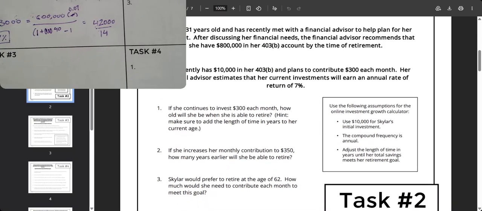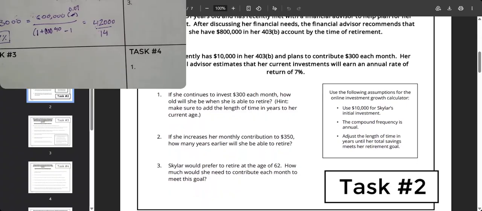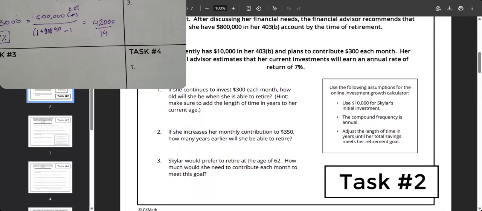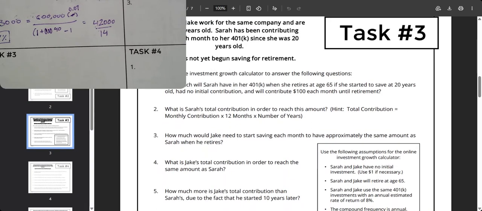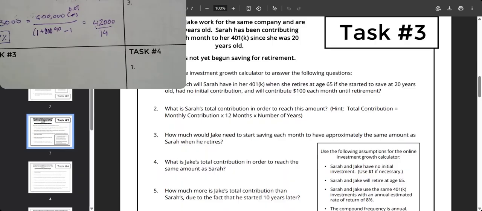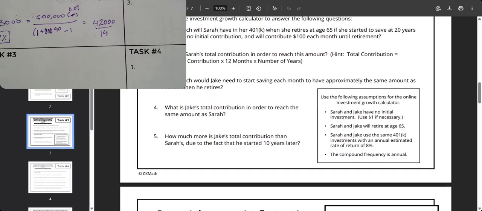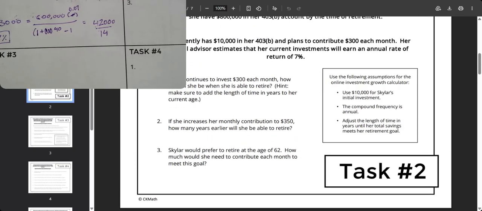Okay, I'm gonna have you try the rest. Let's see. 31 years old. This is exactly following the formula, so I'm not worried. Same. Okay.